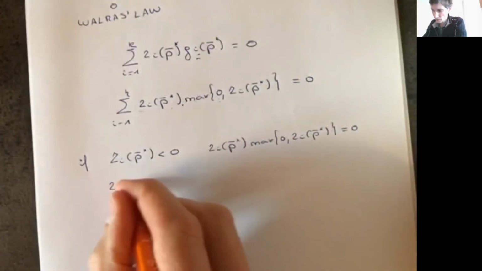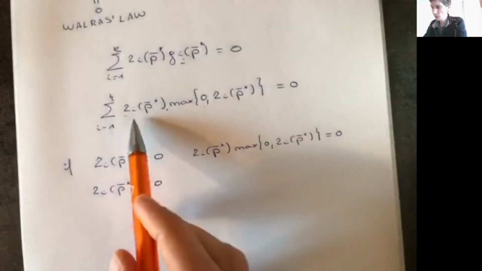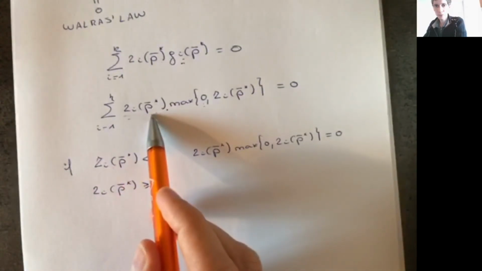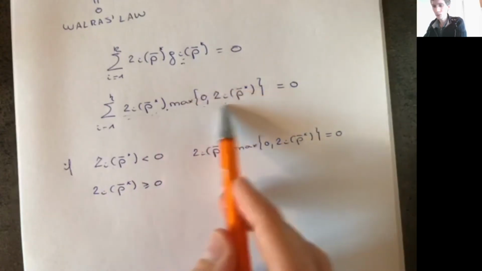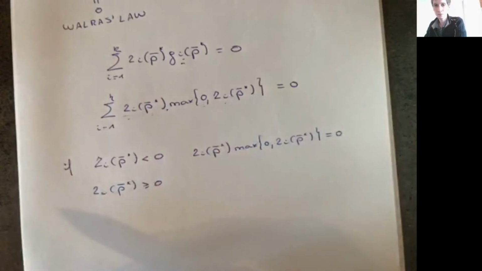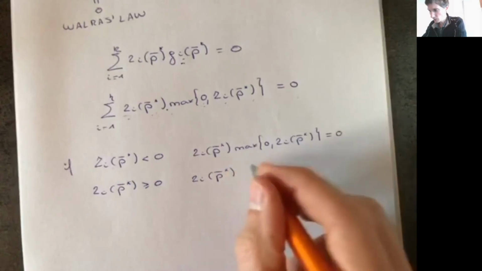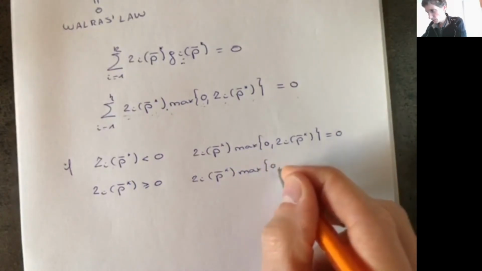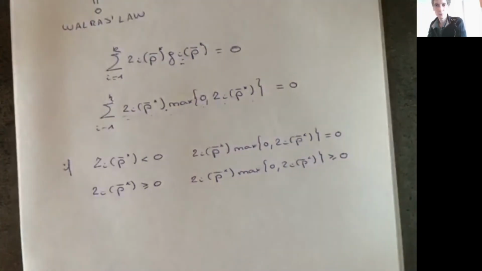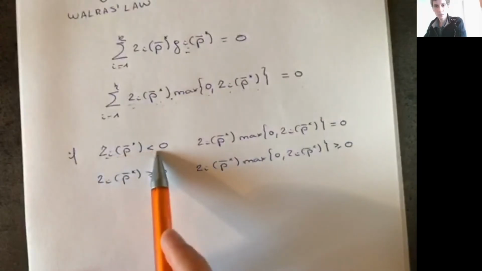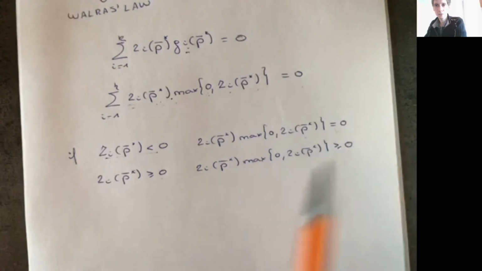If z_i(p star) is greater or equal to 0, well then this is greater or equal to 0, and here you have the maximum of 0 and something greater or equal to 0, so this will also be greater or equal to 0. So you're multiplying two non-negative numbers together, so you get something that's non-negative. So z_i(p star) times the maximum of 0 and z_i(p star) is greater or equal to 0.